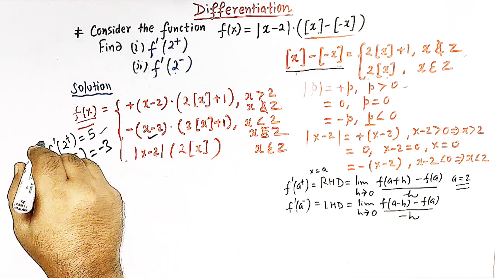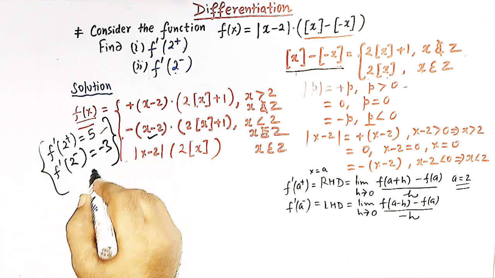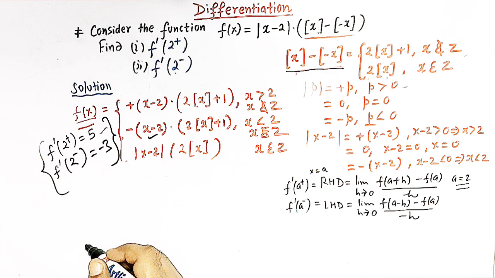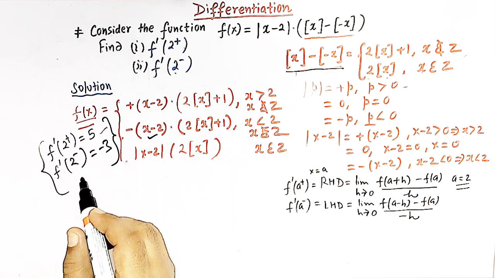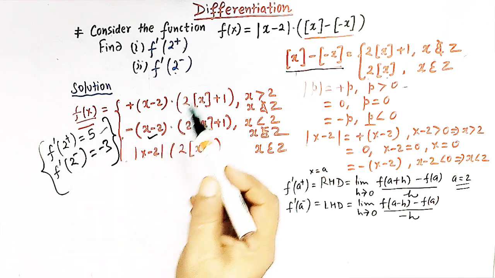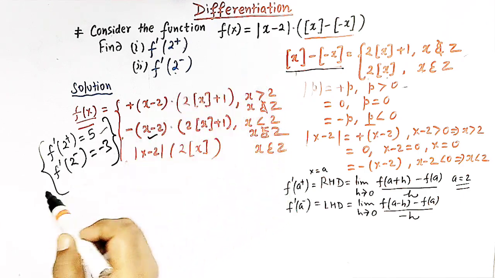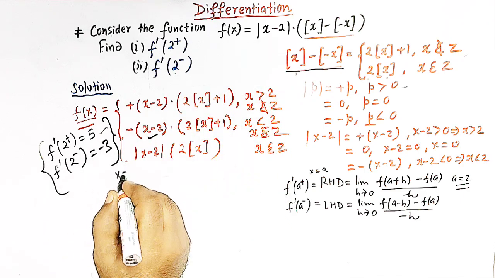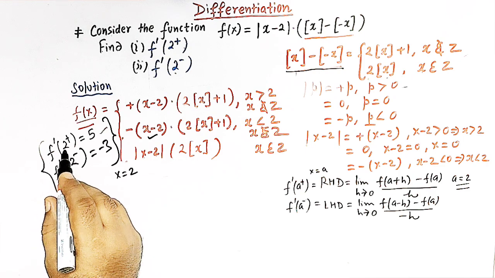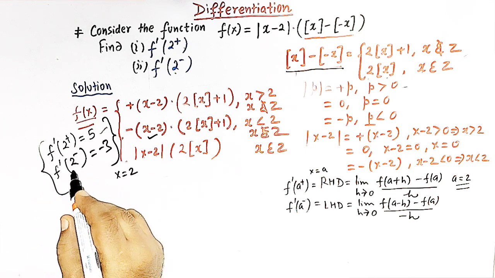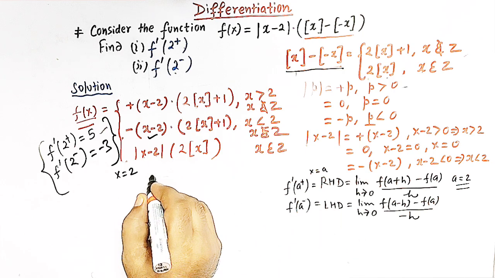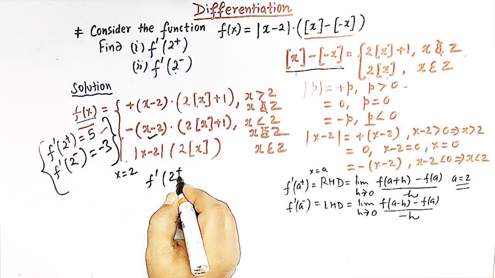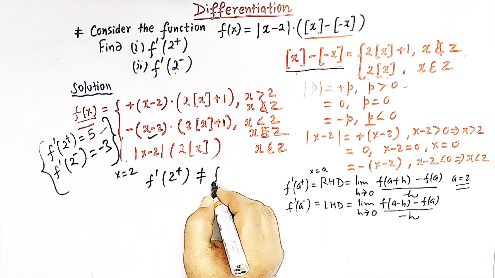And from these two results we can easily conclude that the derivative of this function does not exist, or is not defined at this point, that is x is equal to 2, because here the right hand derivative is different from the left hand derivative, right? So the two derivatives are not equal to each other.